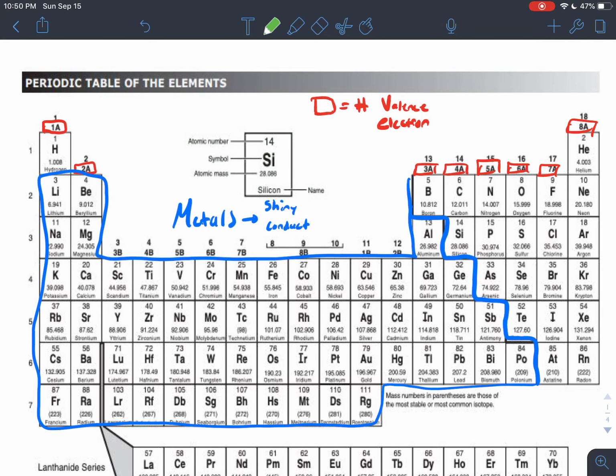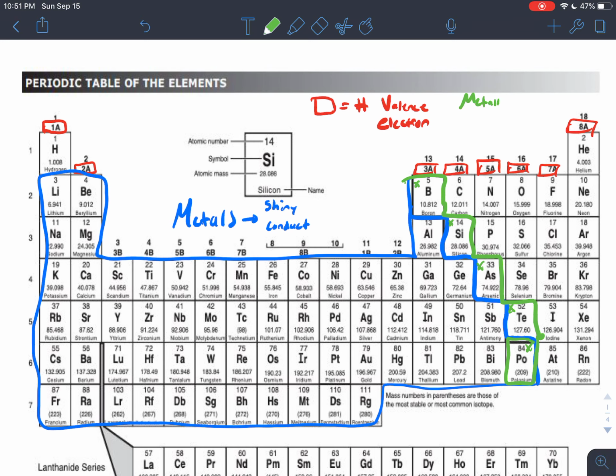Now what I want you to do is take your pen or pencil, and I am going to actually trace in this stair step on the other side, and then we are going to put some stars and things. I want you to put a star in this box, star in this box, this box, this box, in this box. The green things we just starred, these are called metalloids.